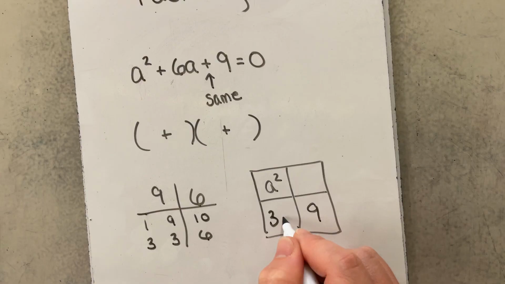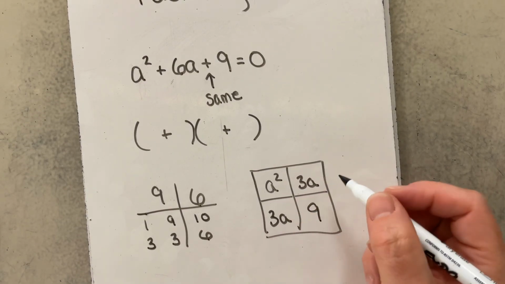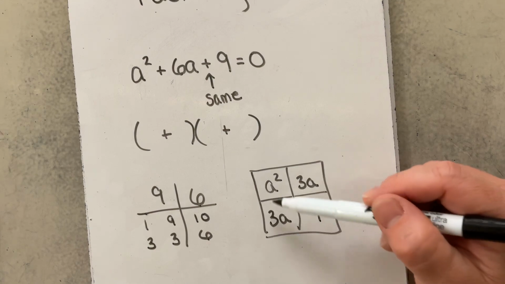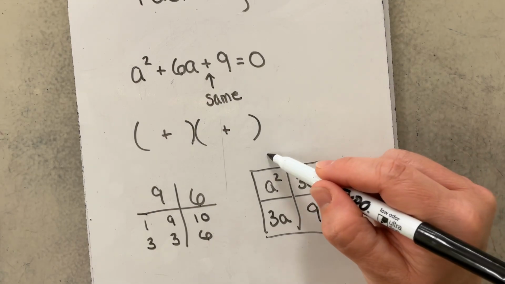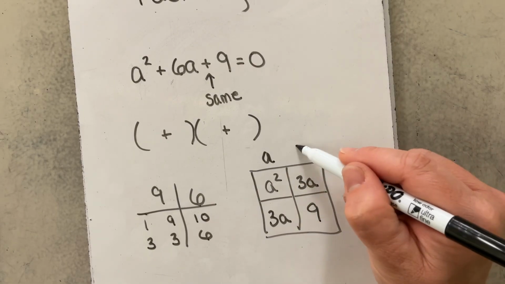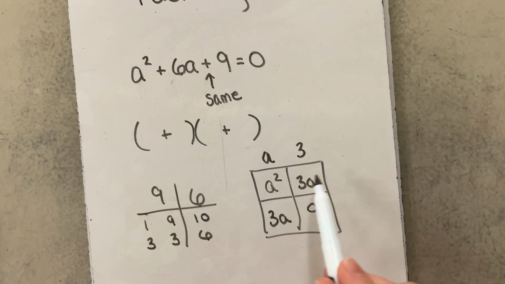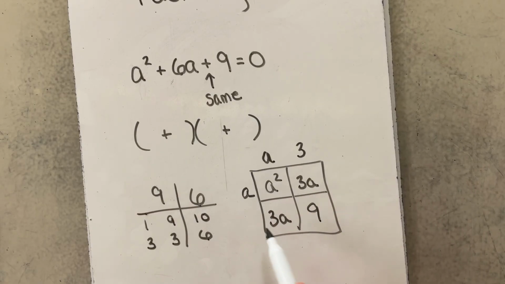That means this is 3a and this is 3a. Now, when we look for what these both agree on, yes, an a. These both agree on 3. These agree on an a, and these agree on a 3.